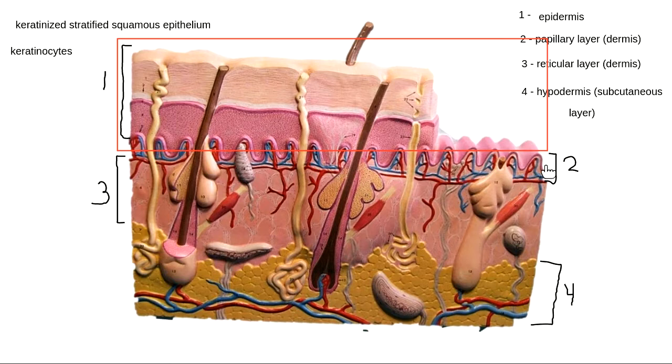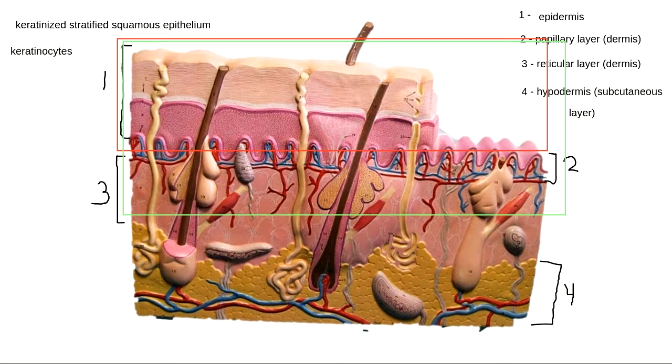We might go even up to about halfway through my reticular layer of the dermis as well. So let me add a box for us here. Second-degree burns are going to extend down into the reticular layer of the dermis. So my green box is the second-degree burn.